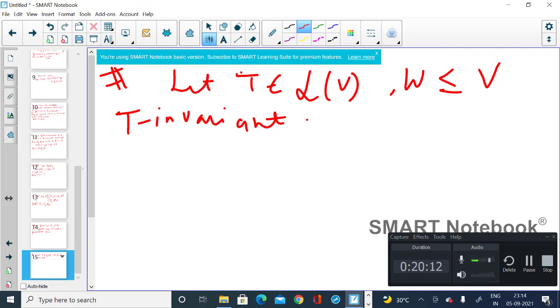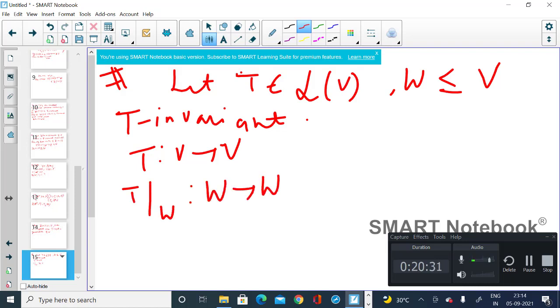Suppose this is given to us. One can ask naturally whether we can restrict T on W or not. That is obvious, because T is from V to V, and when you restrict T on W, this will be from W to W, because W is T-invariant. This map I define by the symbol T_W, the restriction of T on W. And because W is T-invariant, the image of T_W is again inside W.